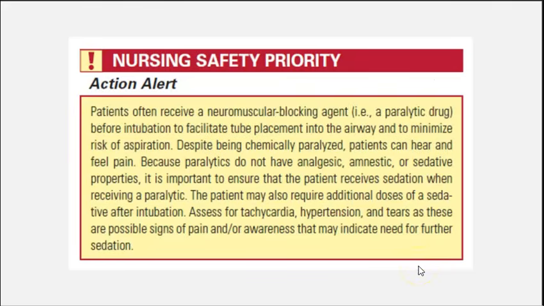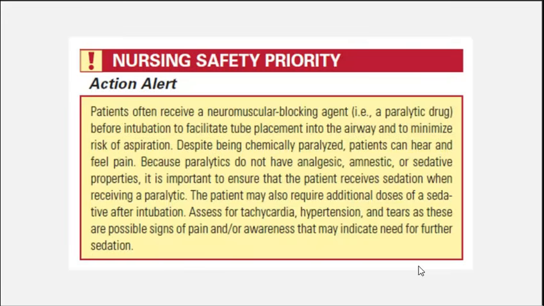So action alert. Patients often receive a neuromuscular blocking agent or paralytic agent before intubation to facilitate tube placement into the airway and to minimize risk of aspiration. It also helps calm them down. Despite being chemically paralyzed, patients can hear and feel pain.